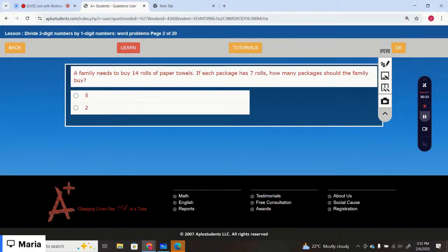So 14 divided by 7 is 2. That means they need to buy 2 packages. Option number 2 is the correct option.